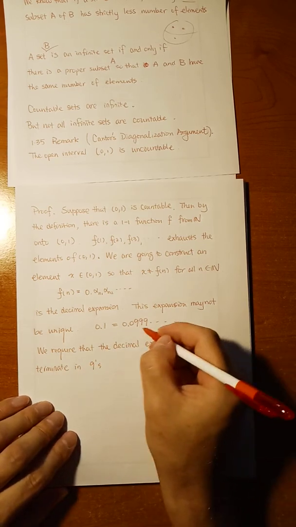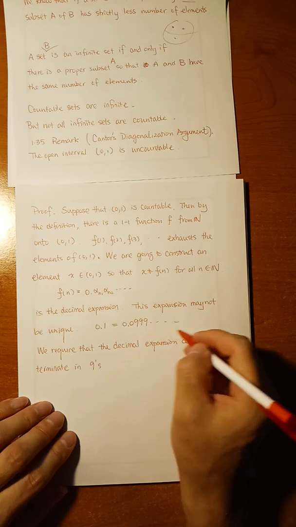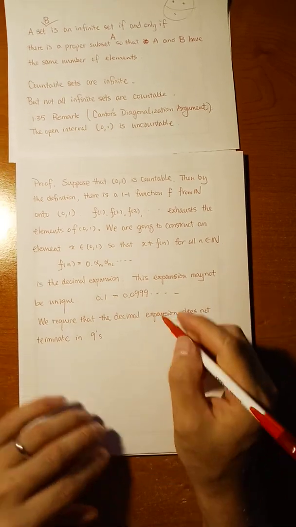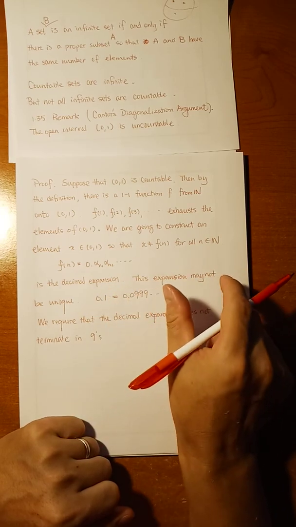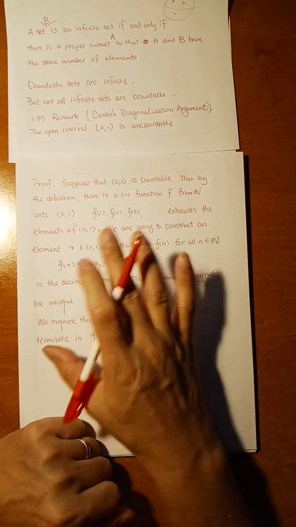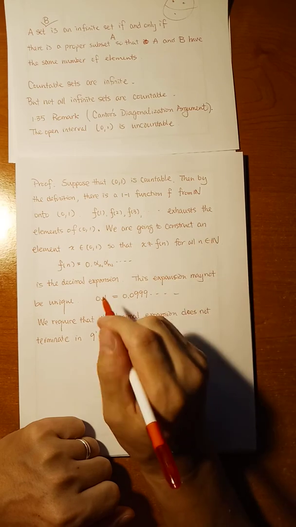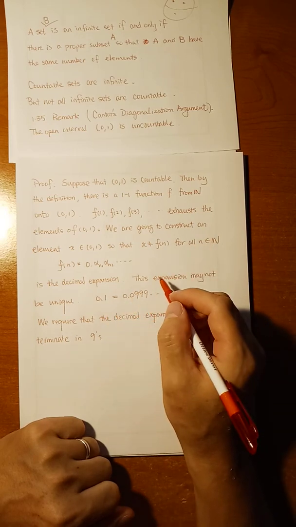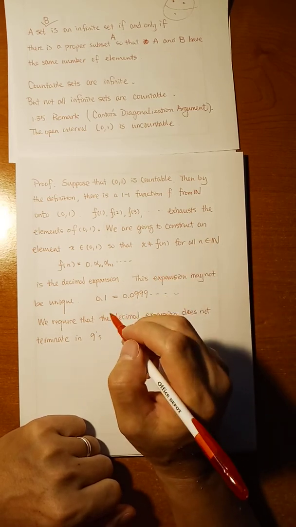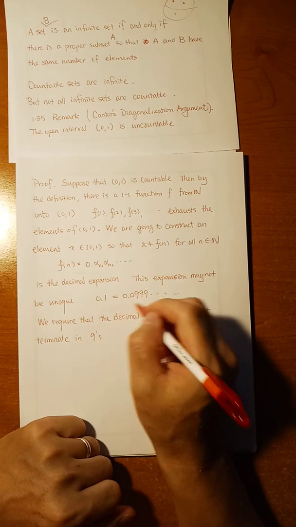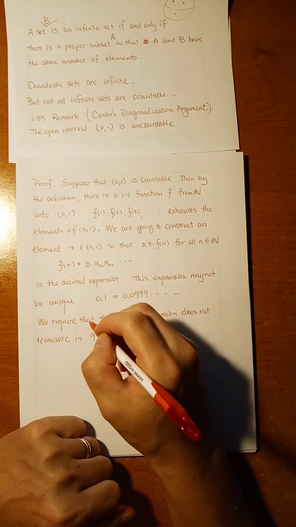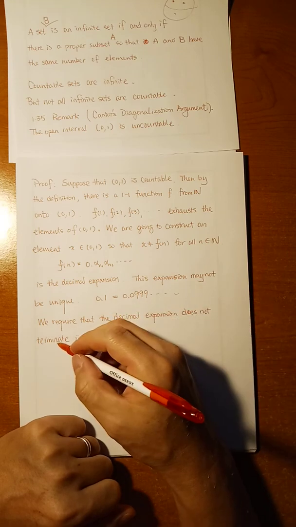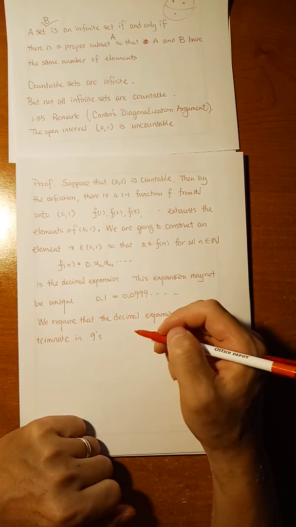We do not allow it. Actually, this can only happen if you have a finite decimal number. If you have an infinite decimal number, this situation will never happen. A finite decimal number, we only write as a finite decimal number. There's no repeated 9 here. We require all the decimal expansions not to terminate in 9s.